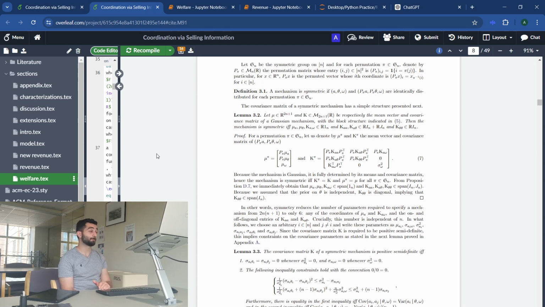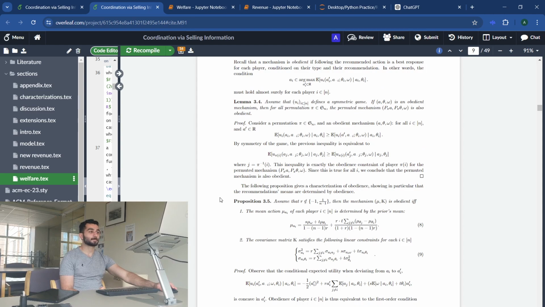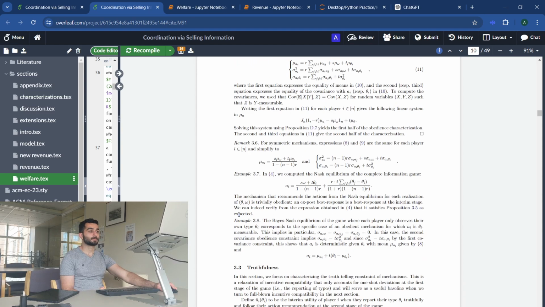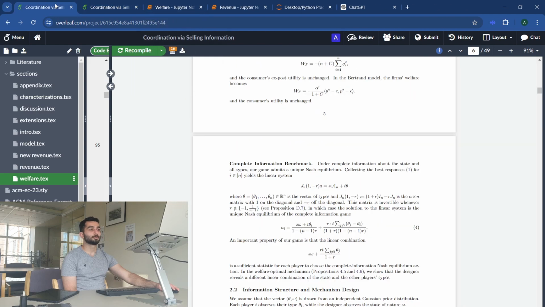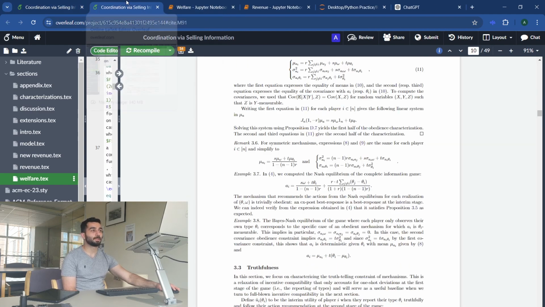Is this mechanism truthful? Is this mechanism obedient? Is this mechanism individually rational? It should be. In 4, this is also an obedient mechanism.